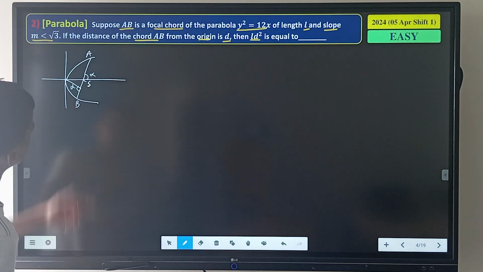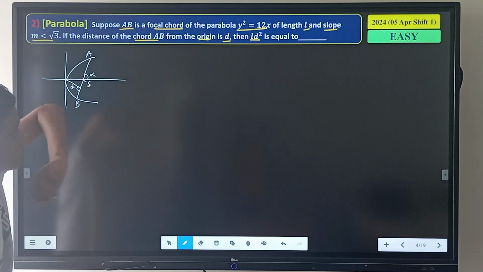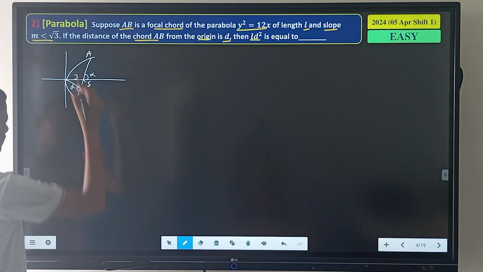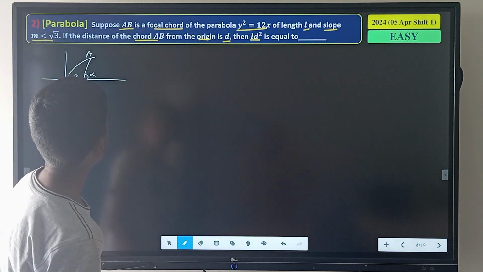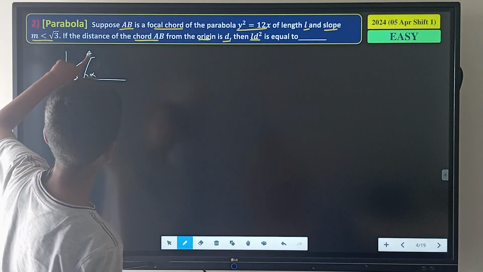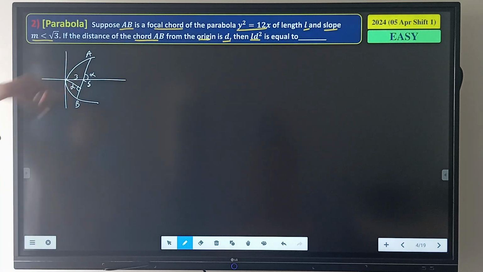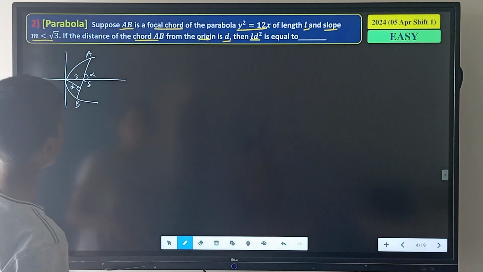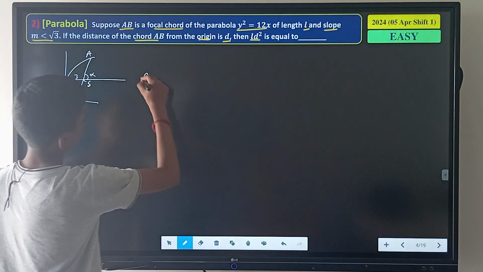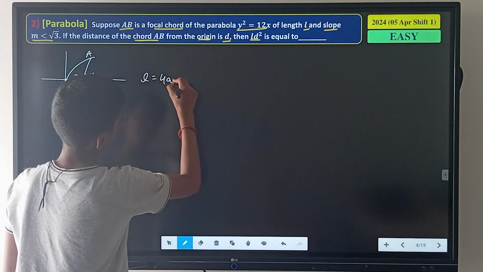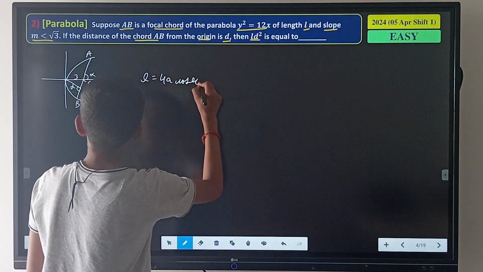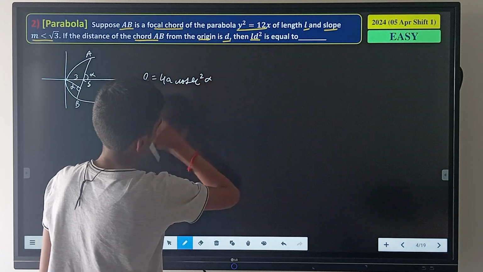And we know that the distance between the origin and the focus is a. So from the parabola our a will be equal to 3. Now our formula for the length of the focal chord will be L is equal to 4a cosec square alpha.